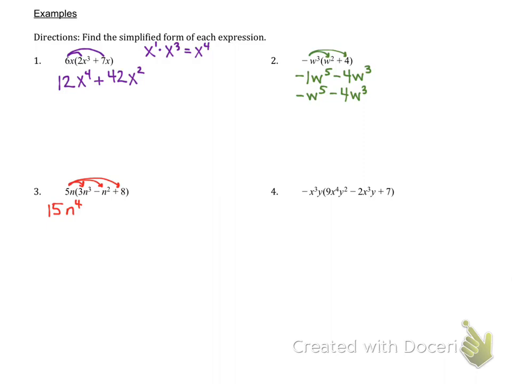And then 5n times a negative 1n squared is going to be negative 5, add the exponents, n cubed. And then 5n times 8 is going to be 40n. So a common mistake for the last one is that people forget to include this n right here, so don't forget that.